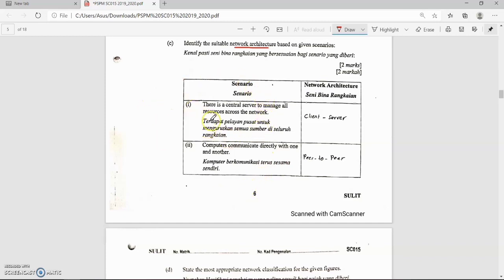So first scenario, detect the keyword. There is a central server to manage all the resources across the network. So central server, so of course client server. Number 2, we have computers communicate directly with one another. This one is the keyword. So peer to peer.